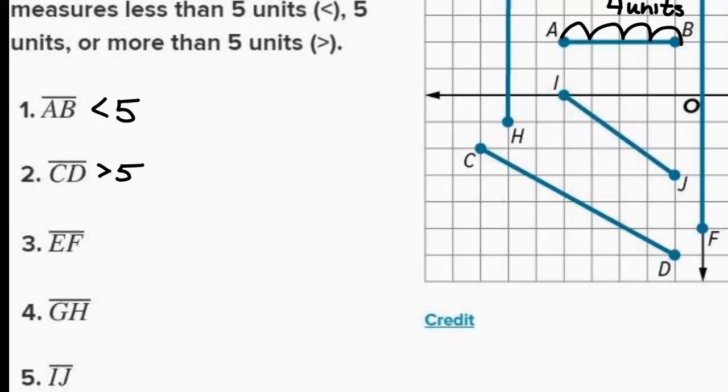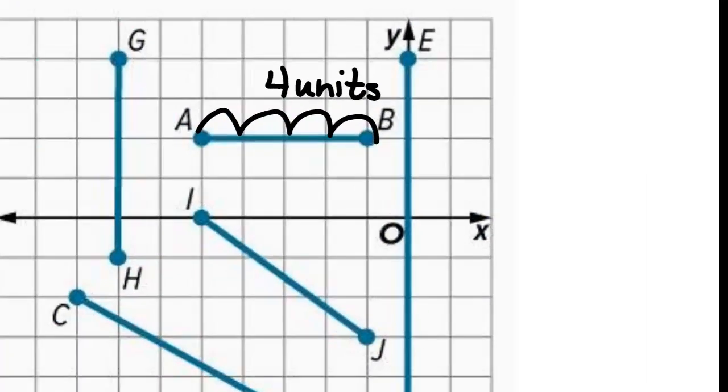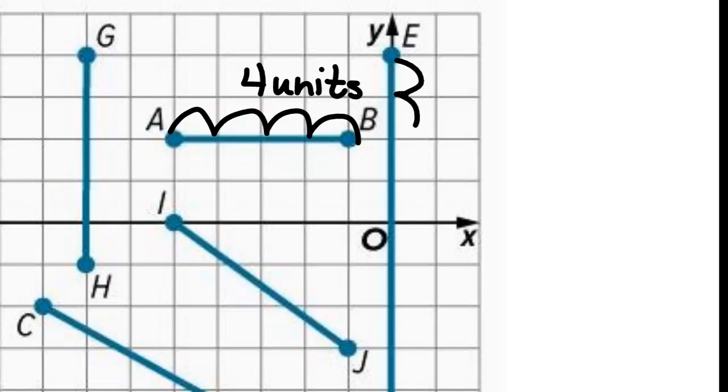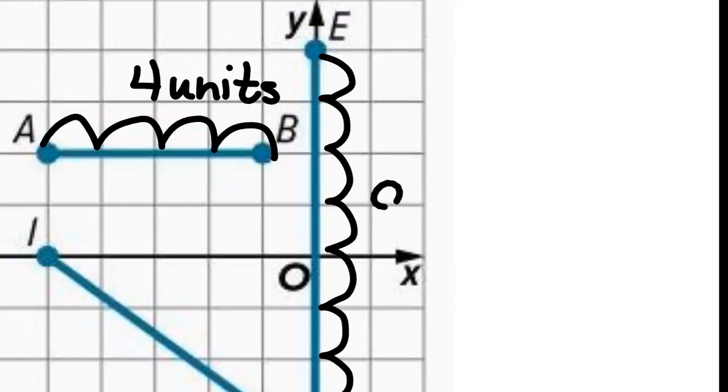Or, since it's completely vertical, I can just count those boxes. More, less, or equal to 5 units? More. This is greater than 5 units. So let's count those hops. 1, 2, 3, 4, 5, 6, 7, 8, 9. This one is 9 units.